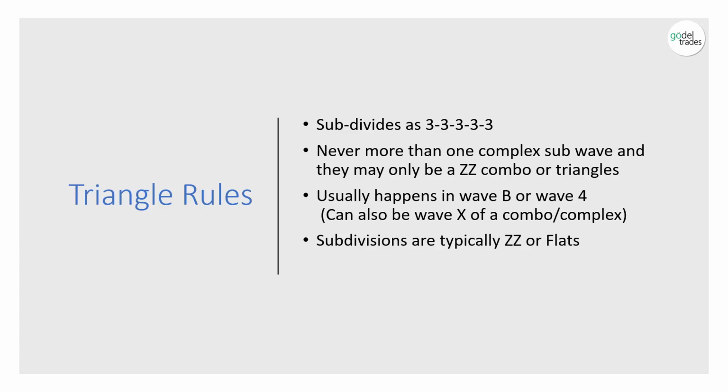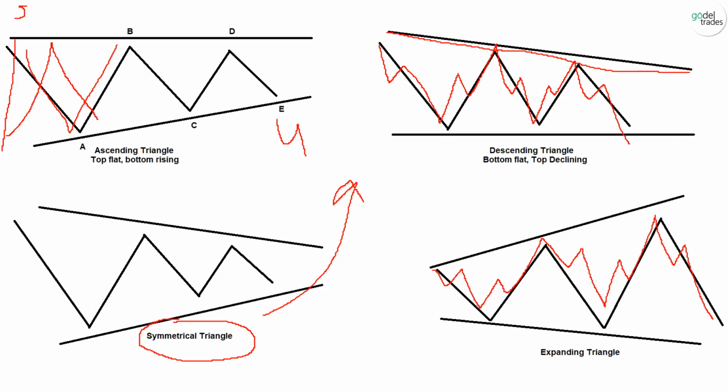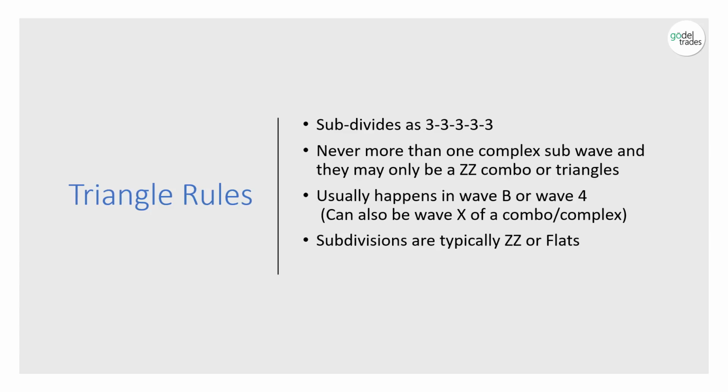Now, you can never have more than one complex subwave, and they may only be a zigzag, combo, or triangle, meaning 1, 2, 3. Now let's say you've got 1, 2, 3, 4, 5, 1, 2, 3. You've got something else going here. You've got a complex that's not a 3, 3, 3. It is acceptable as long as you typically will only have one leg of that triangle that is a complex.